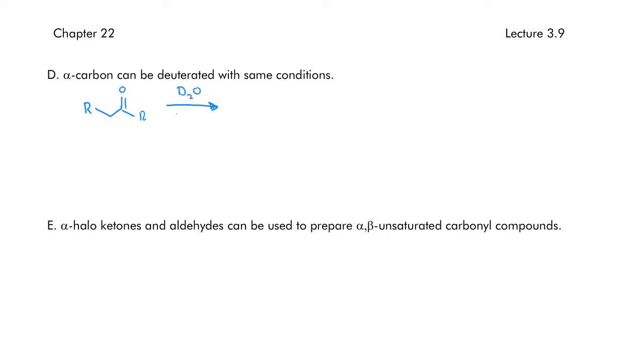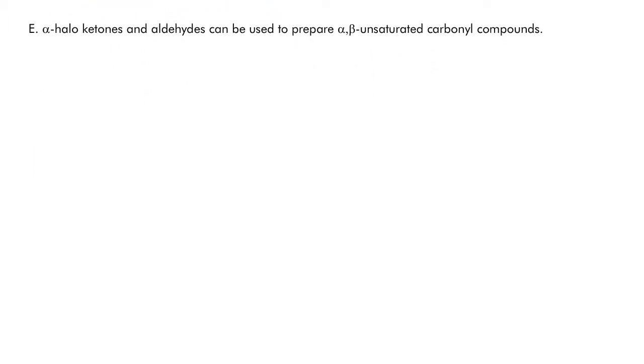Well, an experiment I'm showing here with deuterium oxide, D2O, with the same conditions like with acetic acid, leads to deuteration at the alpha position. Now, that implies that an enol is formed because it gets protonated by a nucleophilic alpha carbon, because deuterium is basically a hydrogen atom. This is also a useful method for radiolabeling an alpha carbon.